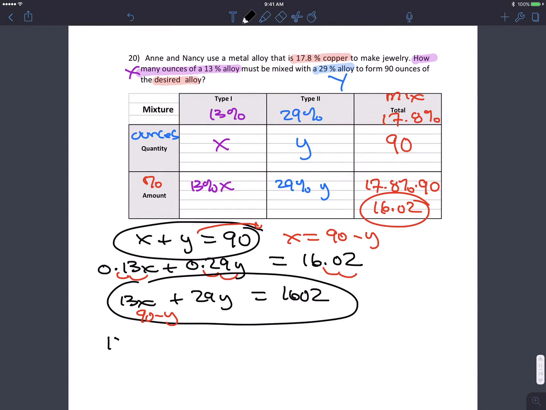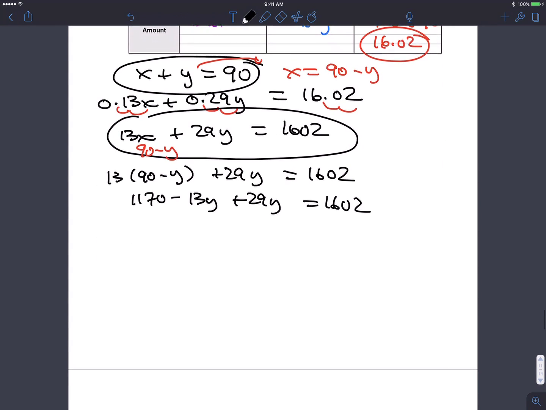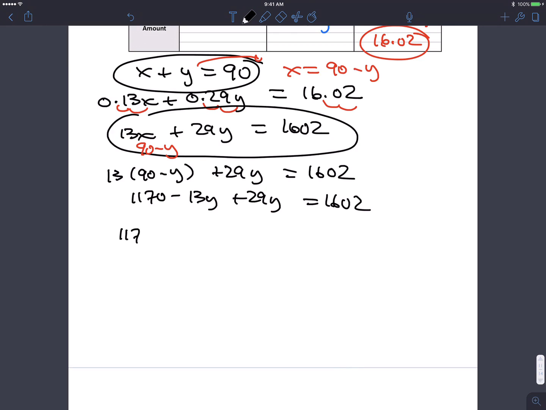Here we go. 13 times 90 minus y plus 29y is 1602. Now we're going to get rid of the parentheses, so we need to know what 13 times 90 actually is, and that's 1170. So we get 1170 minus 13y plus 29y is 1602, or simply 1170 plus 16y is 1602.